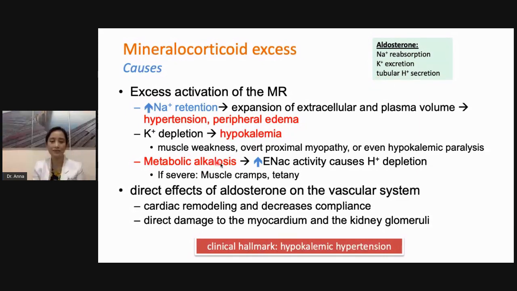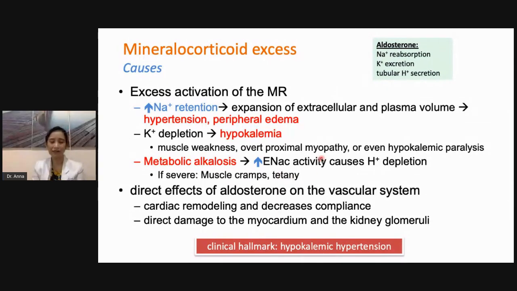And this is because of increased activity of your ENaC, no, in your kidney tubules, causing depletion of your H+. If you deplete your H+, you will have metabolic alkalosis. No? If it's very severe, patients can present with muscle cramps or even tetany.